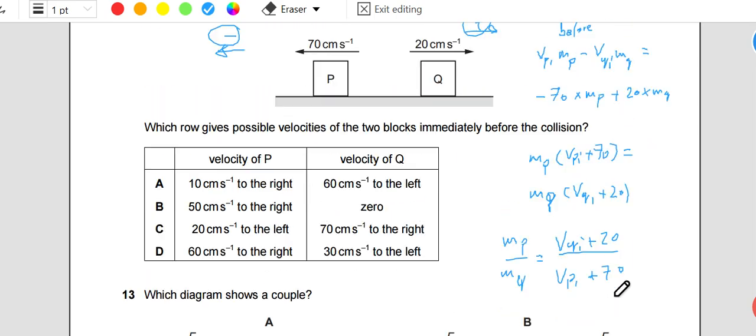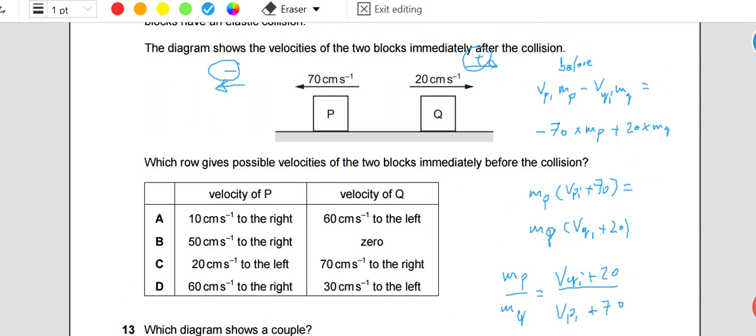With respect to kinetic energy, we have half MB VBI squared plus half MQ VQI squared equal half MB 70 squared plus half MQ 20 squared.